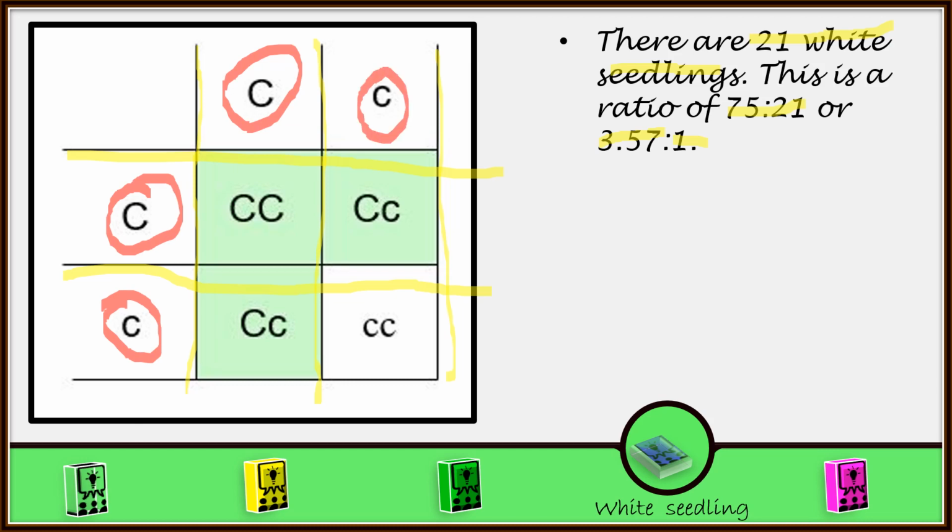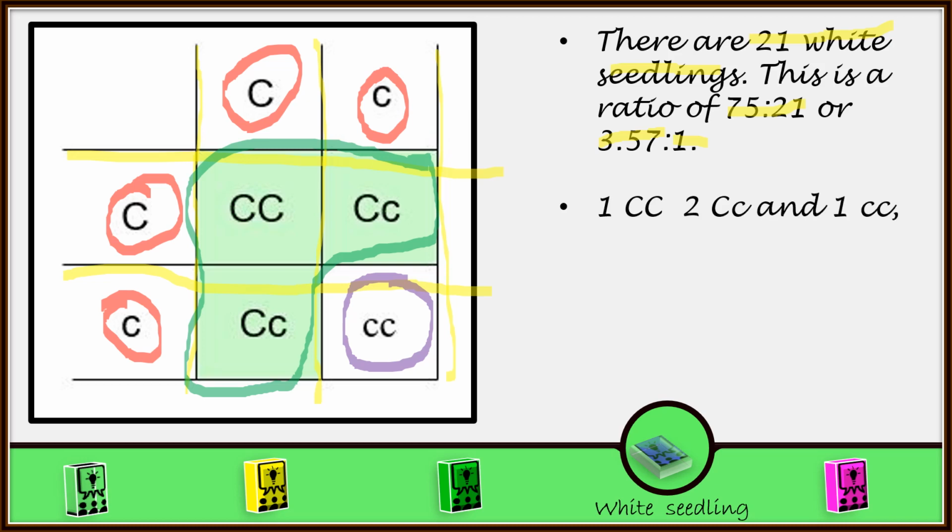Then we carry out the cross. When you carry out the cross, you will find that 3 out of 4 are going to be green in color. And only 1 out of 4 is going to be white, forming a ratio of 3 to 1.